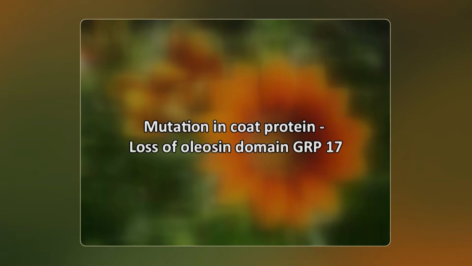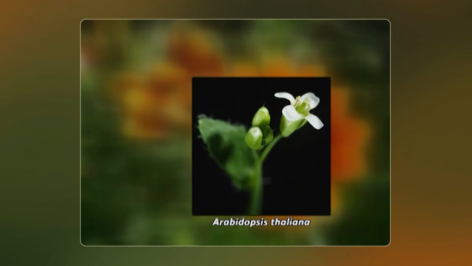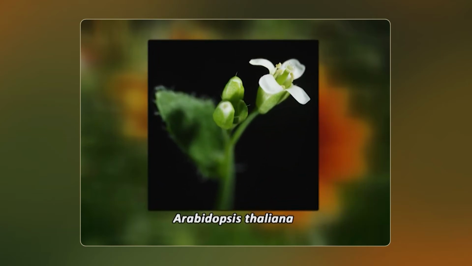Although lipids are fixed for having a role in pollen hydration, there is also evidence which shows that some other molecular moieties have a role in pollen hydration. The mutation in the most abundant coat protein, that is the loss of oleosin domain JRP17 in Arabidopsis thaliana, delayed the pollen hydration ability by threefold as compared to the wild type.